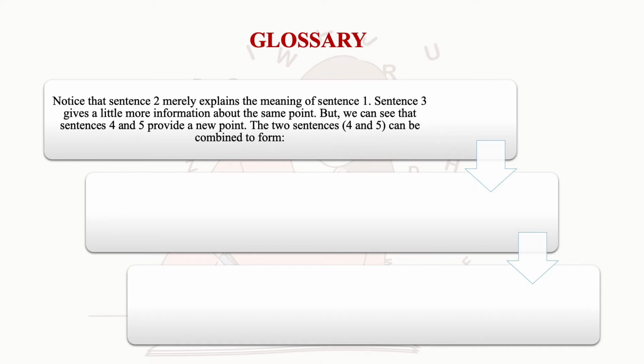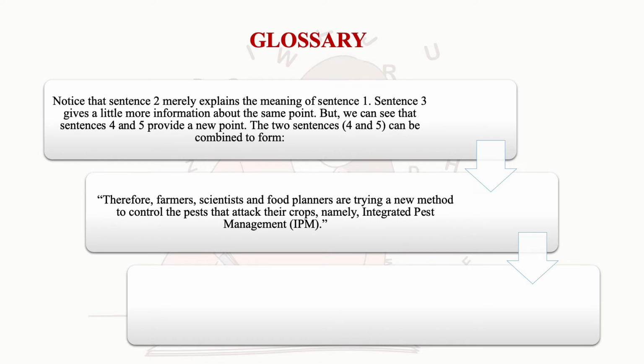The two sentences 4 and 5 can be combined to form, therefore, farmers, scientists, and food planners are trying a new method to control the pests that attack their crops, namely integrated pest management.